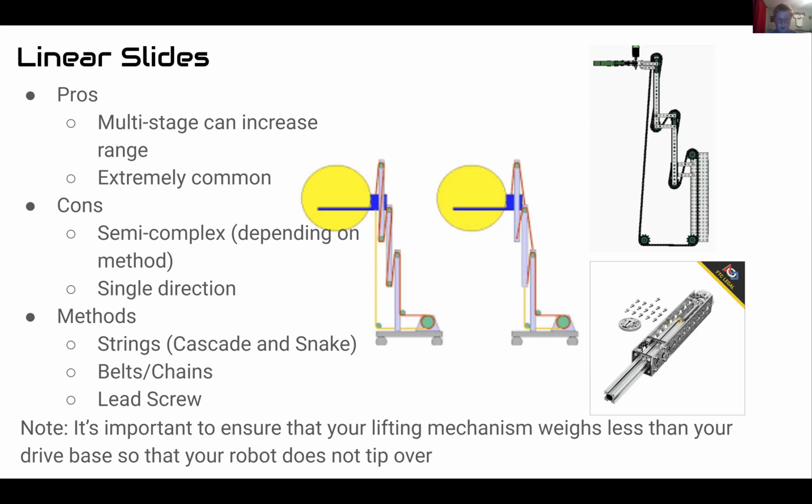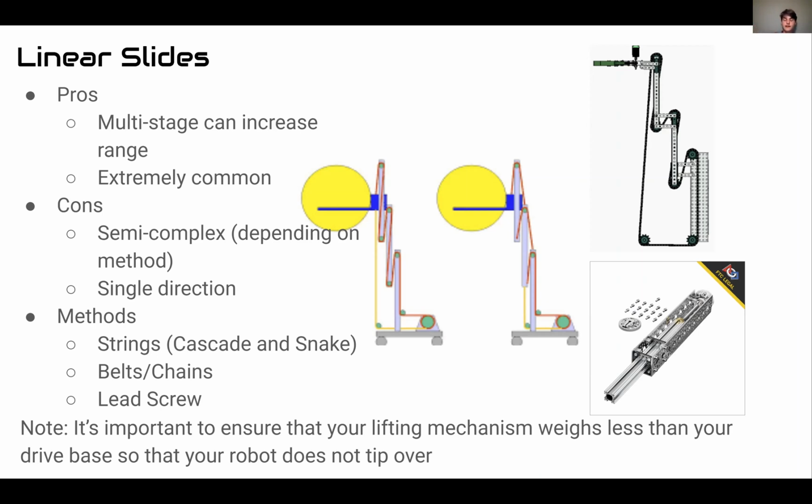But you need to make sure that your robot is evenly balanced so it does not tip over when lifting up heavier elements, which is the same for a lot of these different types of lifts. Whenever you're lifting any large amount of weight, which you may not think you are, if you have a really light game element, you might not think you're moving a lot of weight, but you're also moving all of the parts of your lift.